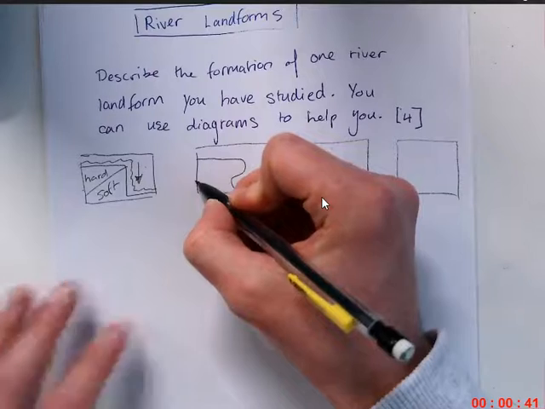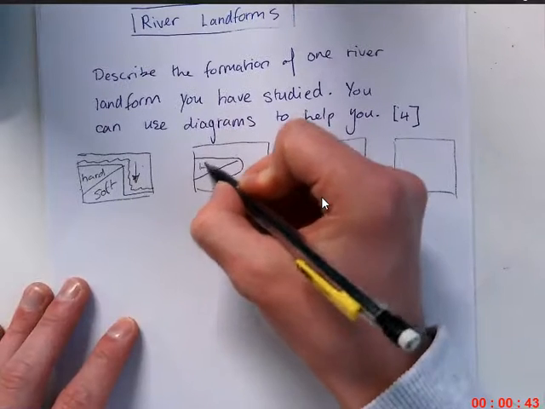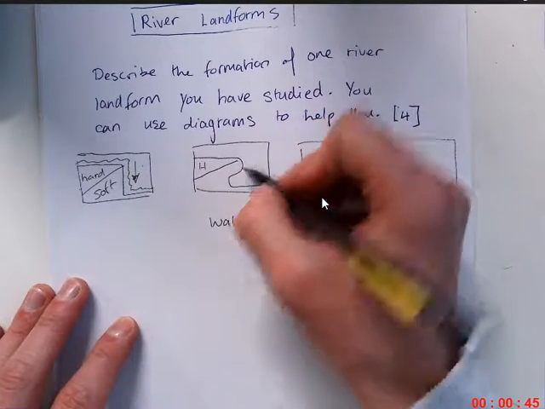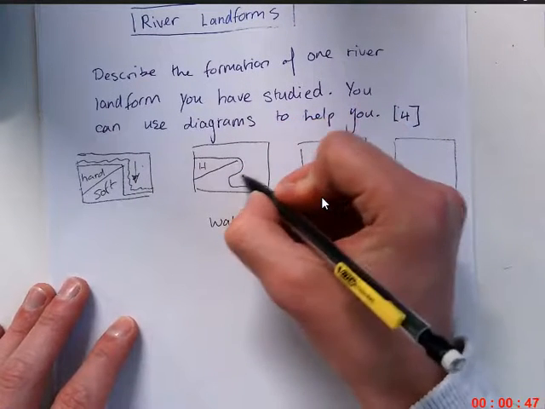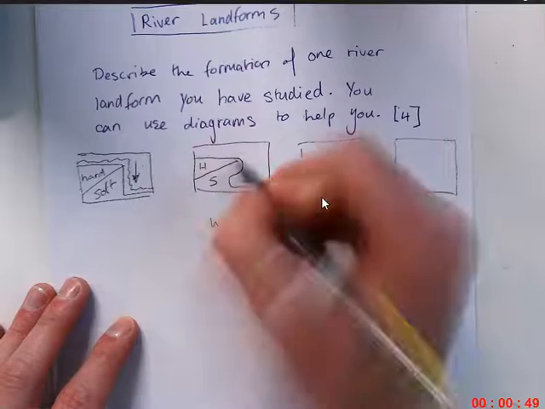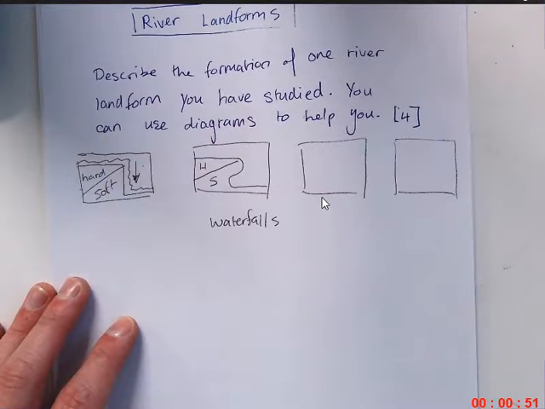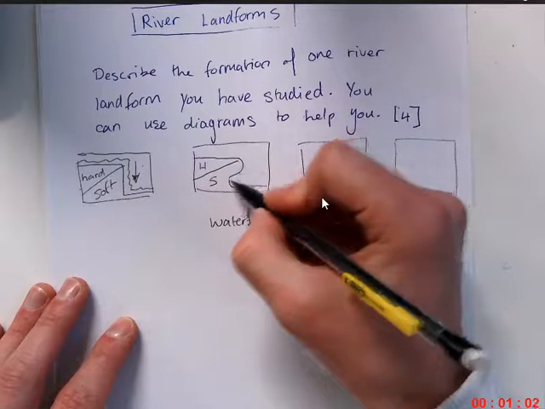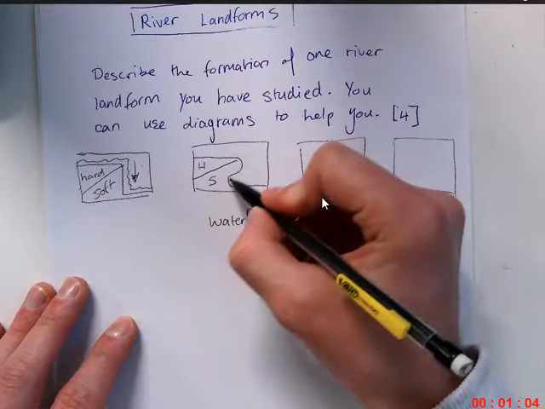What do you think I'm talking about when I say overhang? If you were to look at that little gap there, what's an overhang of rock? What do you see is underneath that little overhang there?